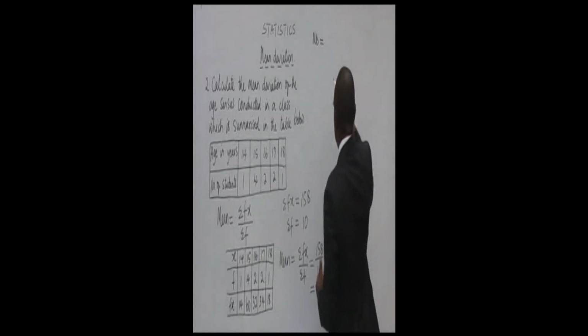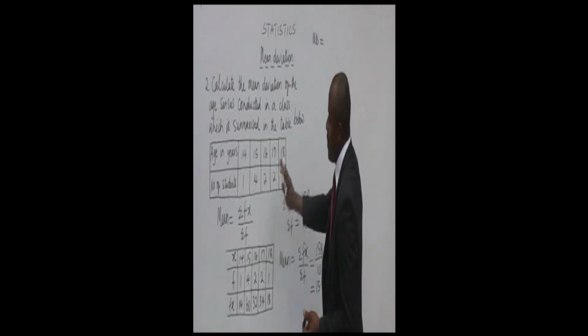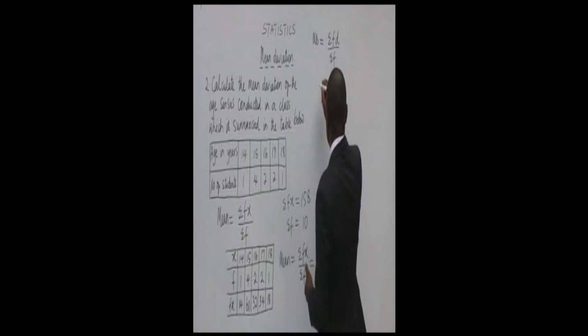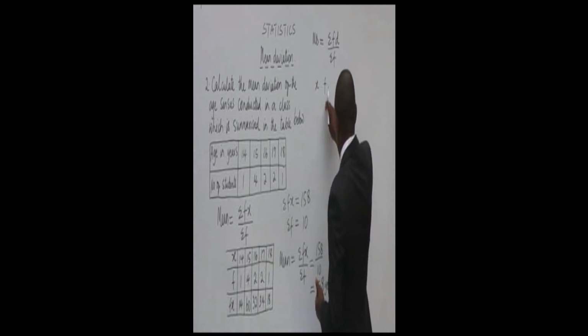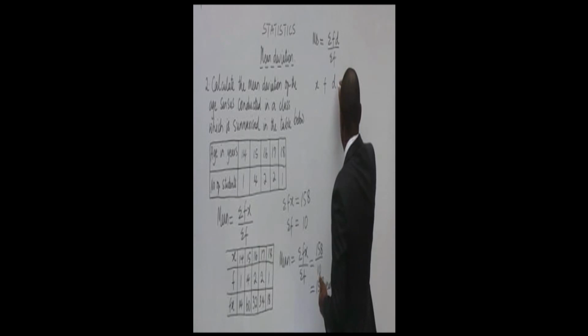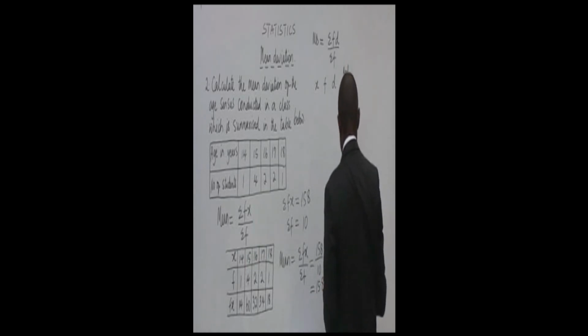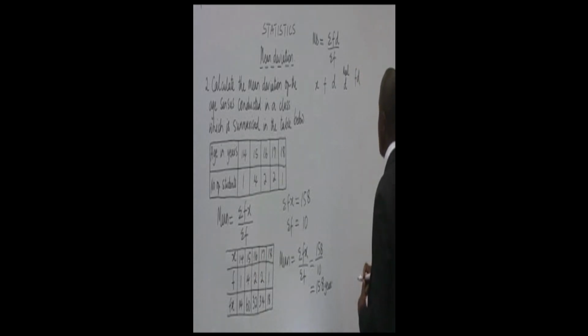I have told you, for a distribution that has frequencies, you calculate it by sum of FD divided by sum of F. We are going to construct yet another subsidiary table where we have the numbers, their frequencies, then the real deviation that we are going to apply. Then the next one is FD, frequency times deviation.